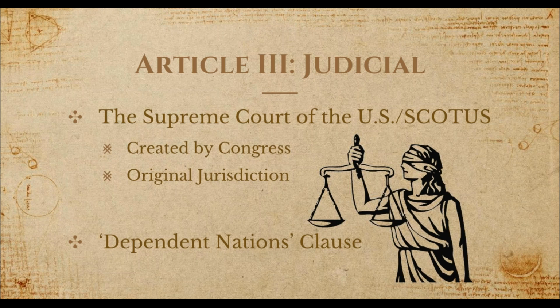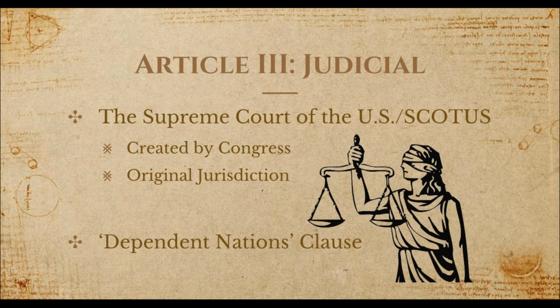The Dependent Nations Clause, actually, it's not actually in the Constitution, but I put it there because that's the more established term. It comes out of Worcester versus Georgia, I think, or Cherokee versus Georgia, one of those two Cherokee cases. The idea being that Native Americans are only mentioned in the Constitution three times.